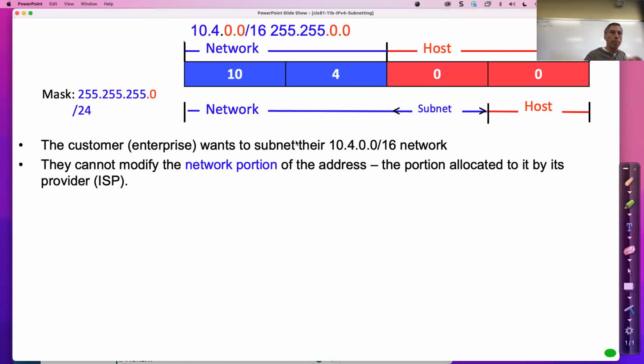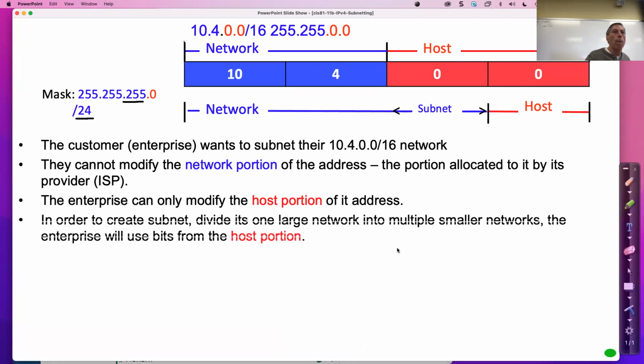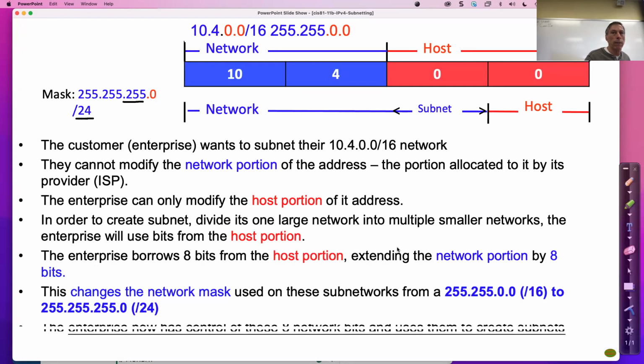Let's do that. Instead of using this network 10.4.0.0/16 as one big network, I'm going to once again extend the mask by another 8 bits. That's going to give me more networks. Let's take a look.